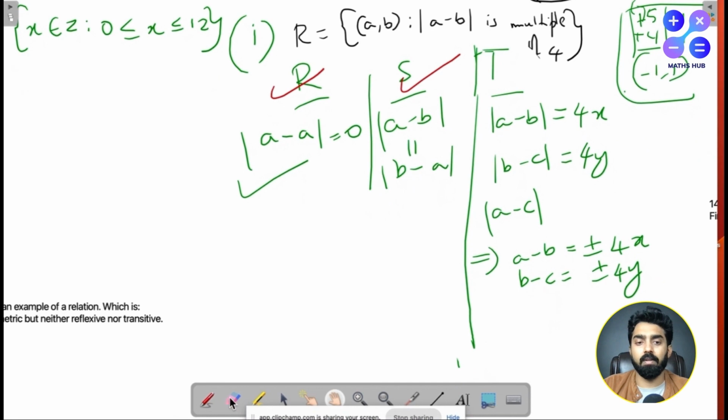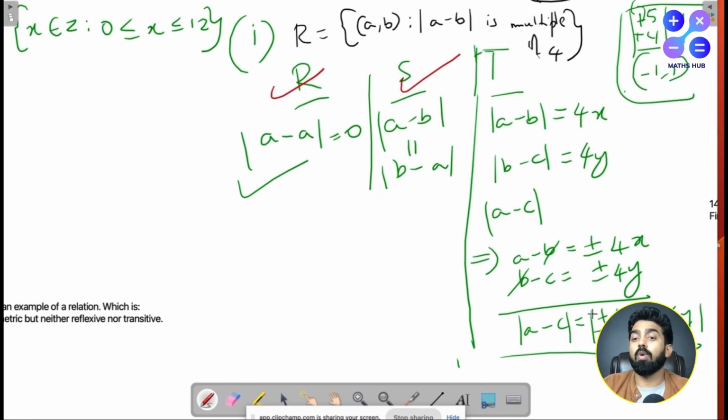Now if you add these together, A minus B plus B minus C, the B cancels, and A minus C is equal to plus or minus 4x plus or minus 4y. Now, one thing is very clear. You may not know what the exact value is, but you can know for sure that this is always going to be a multiple of 4: something into 4x, some negative or positive value, something into 4y, some negative or positive value, we don't know.